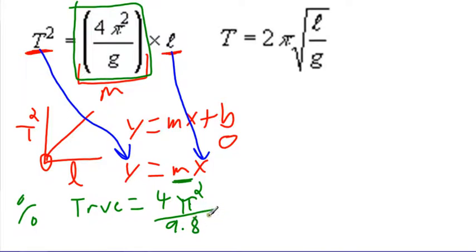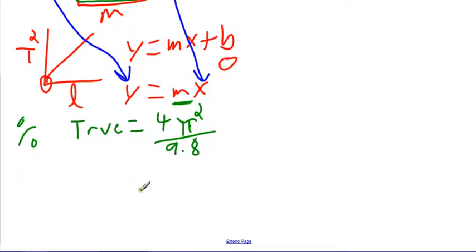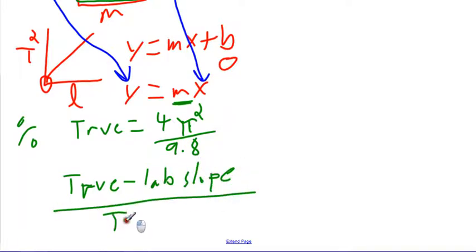You can do that calculation. And your percent error is going to be this true value minus what you got from your lab slope, divided by the true value, times 100. That's going to be your percent error.